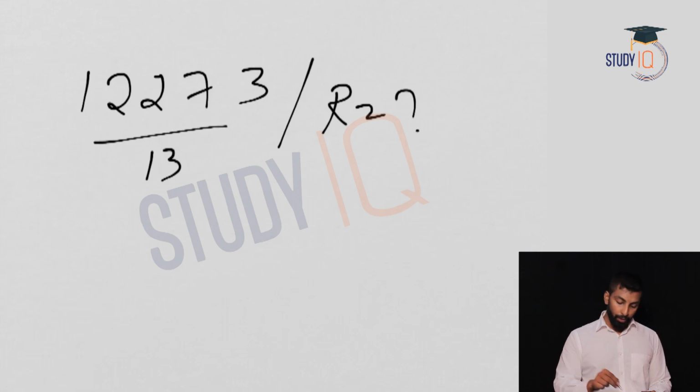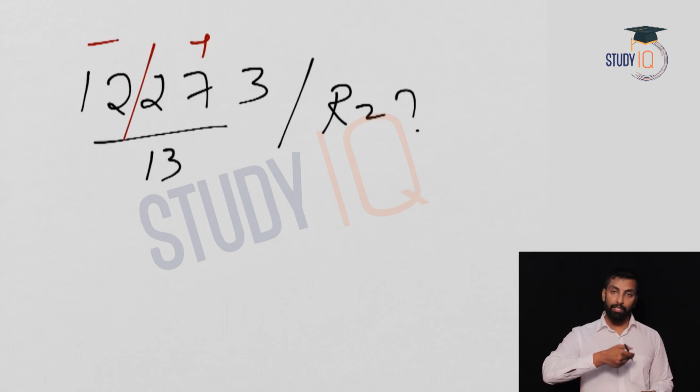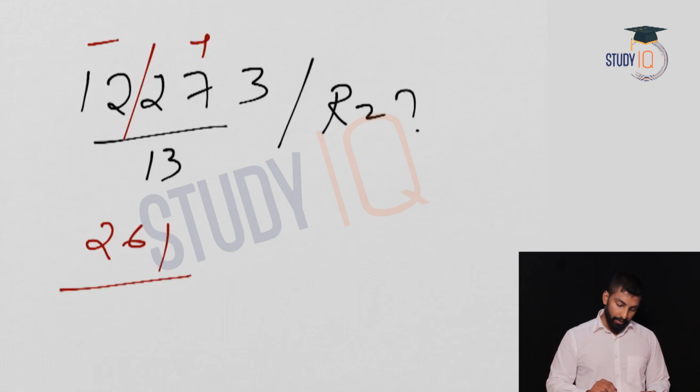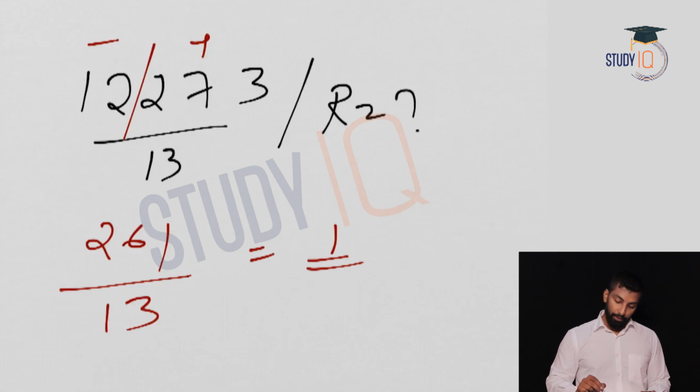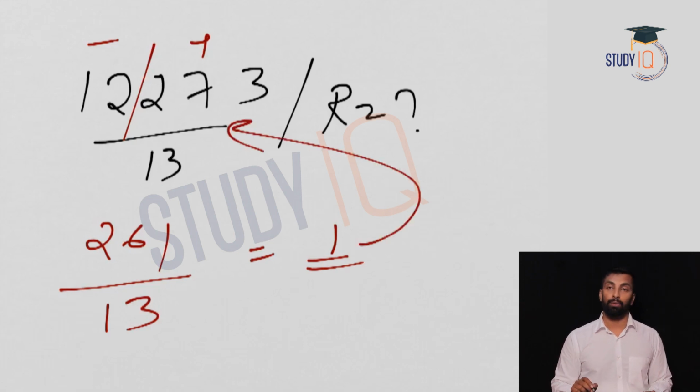Group from the rightmost side into triplets and put plus minus signs. So I need to do 273 minus 12, which is 261. 261 divided by 13: I know 260 is a multiple of 13, because twice of 130 is 260. So the remainder will be 1.